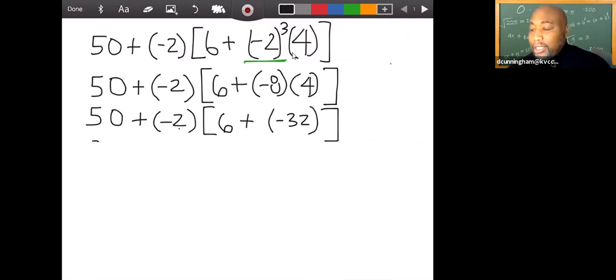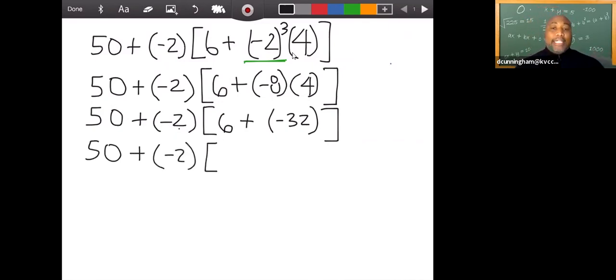Then we still work inside the parentheses: we add 6 plus -32, which gives us -26.